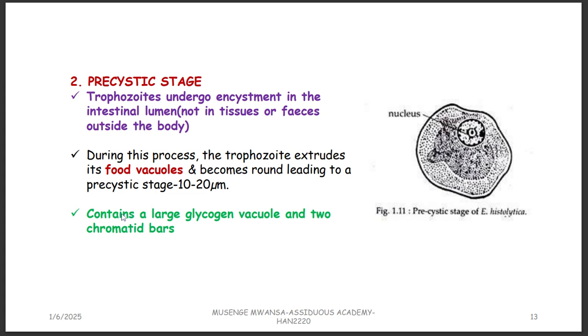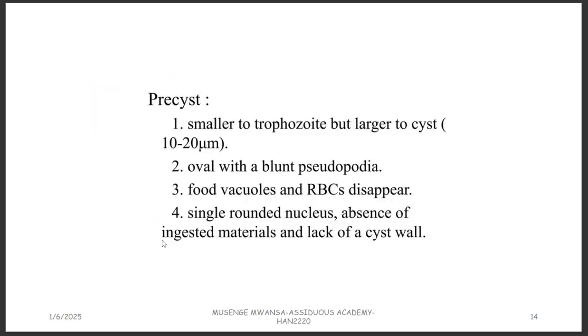The precystic stage contains a large glycogen vacuole, you can see this is not a food vacuole but a glycogen vacuole, and two chromatid bars. They can actually bring a multiple choice just on the morphology of the precystic stage. It has one large glycogen vacuole and two chromatid bars.